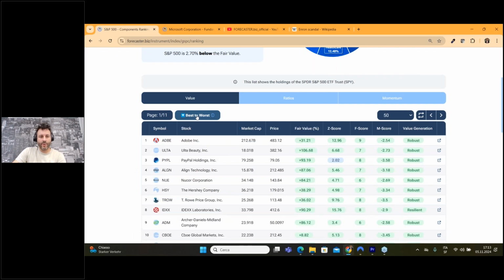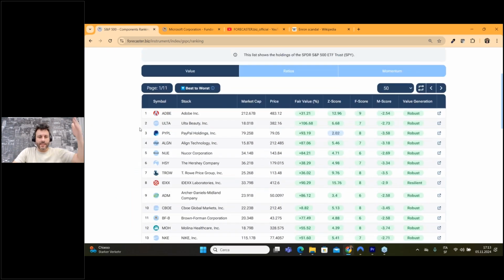If we click it, the system gives us a list with all the companies from the best to the worst, as the button says. At the beginning of the list, we can find the best opportunities on the S&P 500 in this case, but as I told you, we can do it for all the indexes all across the globe.